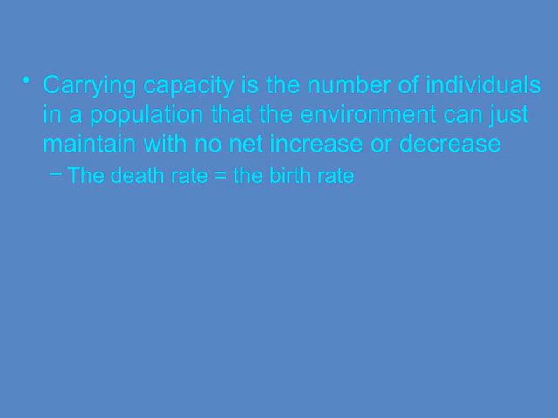Let's talk about carrying capacity. This is the maximum number of individuals that an environment can support without the population growing or shrinking. In other words, it's the point where the environment can just sustain the population as it is, no net increase, no net decrease. Now, an important concept related to this is the balance between death rates and birth rates. When these rates are equal, the population size remains stable.